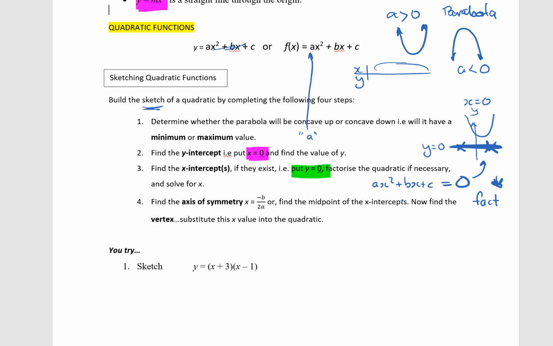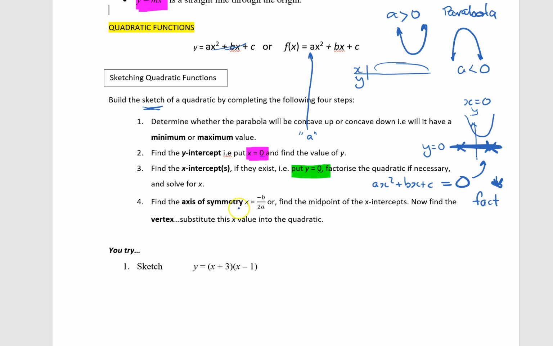If you're still having trouble with solving a quadratic equation equal to naught, then you will definitely have trouble drawing the graph of the quadratic. If you need more work on solving quadratic equations, then you have to find some extra time and address that, because you can't afford to be held back with sketching now just because you can't solve a quadratic equation equal to 0.